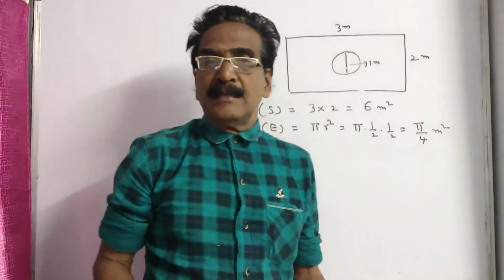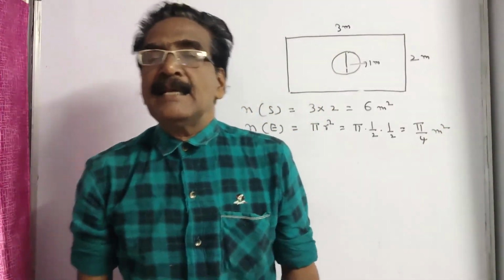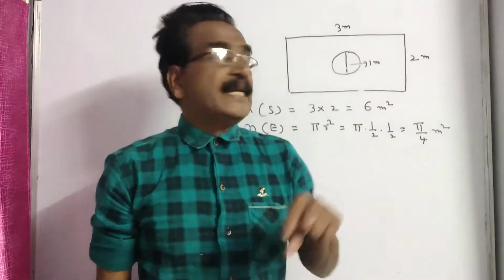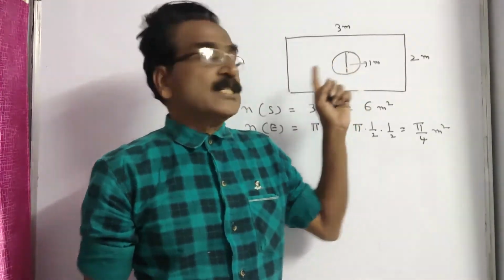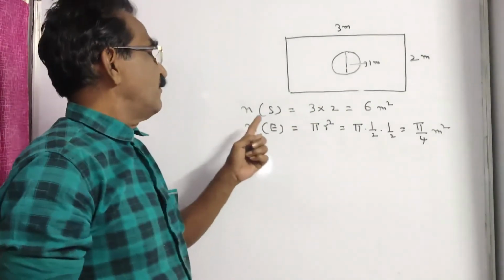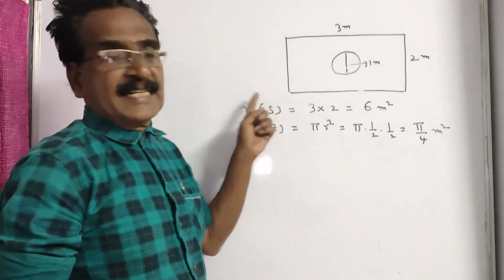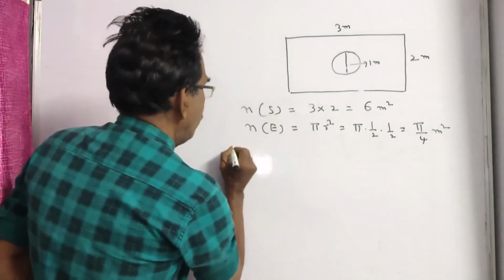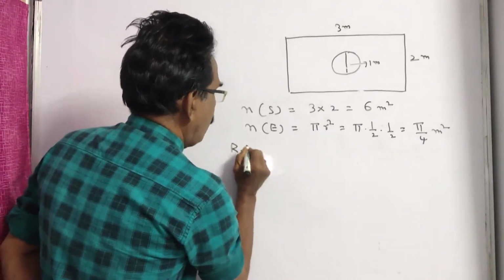Now we want the probability that the die will land inside the circle. So n of E by n of S is the required probability.